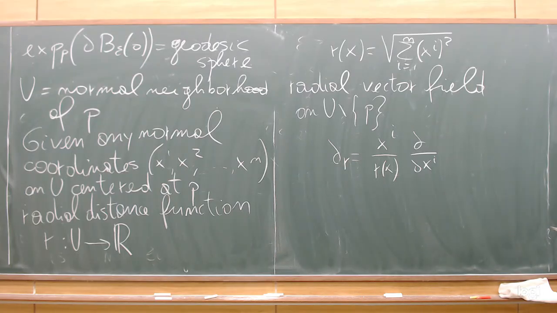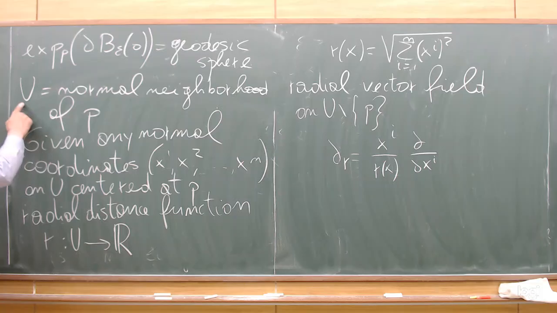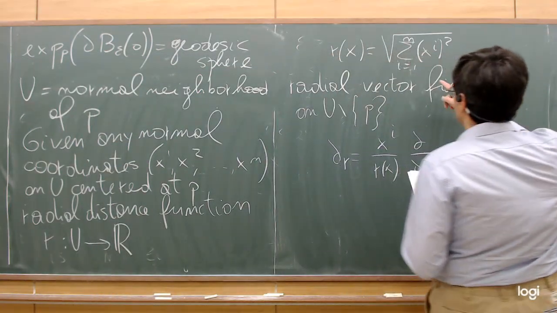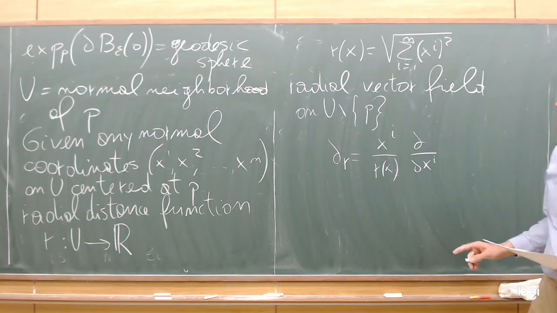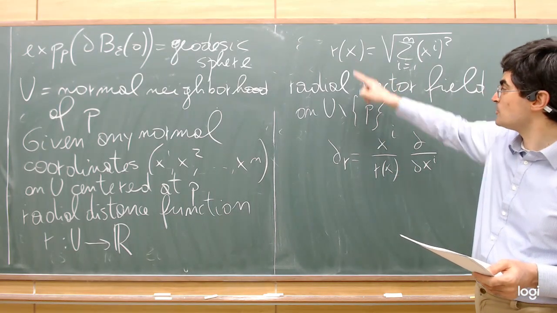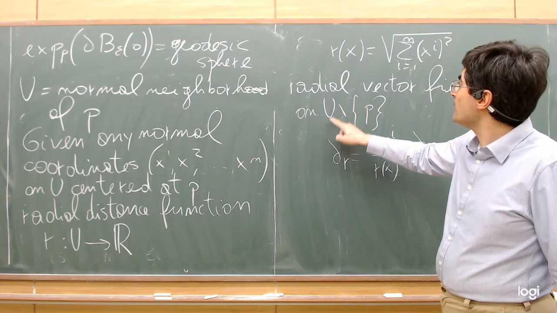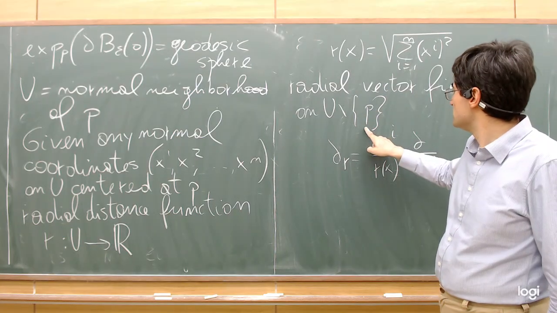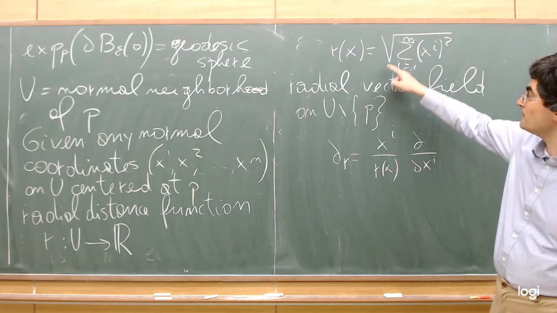It is possible to prove that in every normal neighborhood U of P, the radial distance function and the radial vector field are well defined, independent of the choice of the normal coordinates, and they are smooth on U minus P. Instead, the square of R is smooth on U. The reason why R and delta R are not smooth at P is that in the definition of both of them there is a square root.